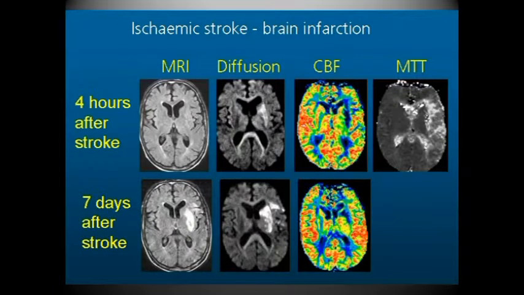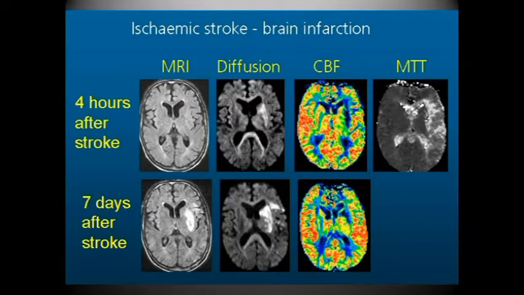Okay, so this image shows an MRI and the various methods of analyzing the film based on the MRI image. We have just a normal MRI, diffusion, CBF, and MTT. And notice 4 hours after the initial ischemic stroke, we really don't see a whole lot of abnormalities.